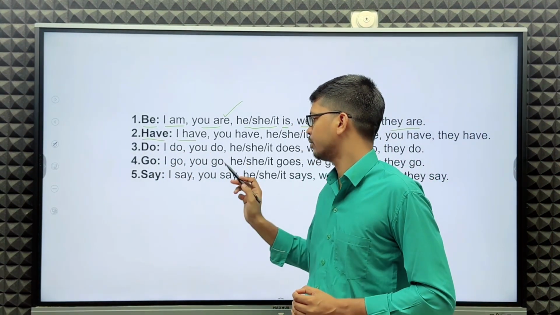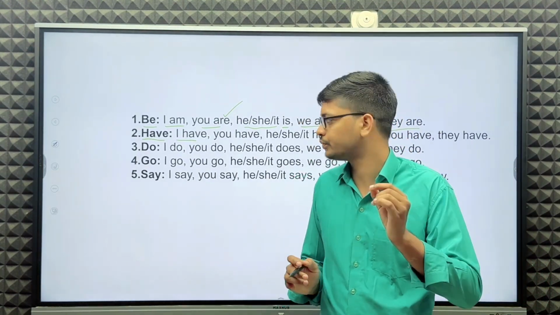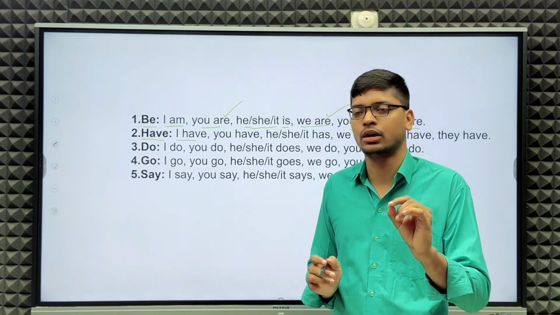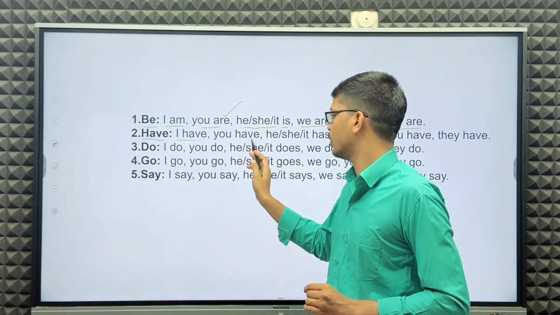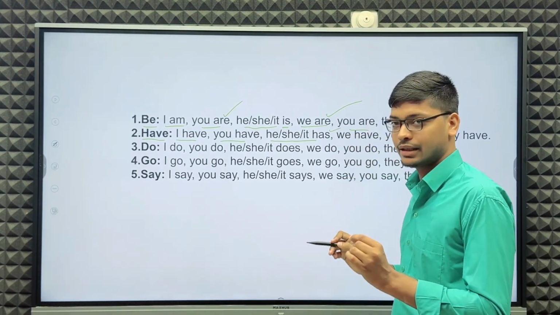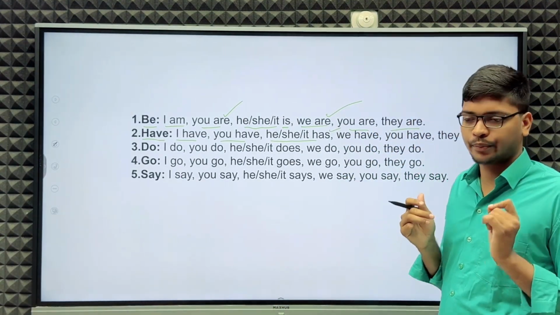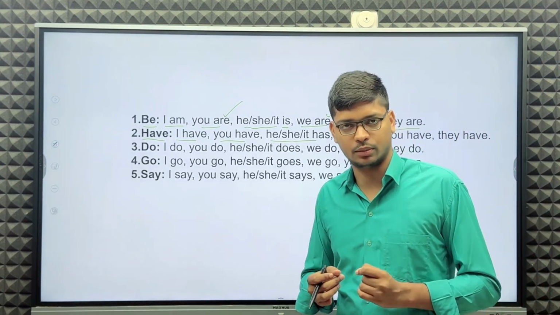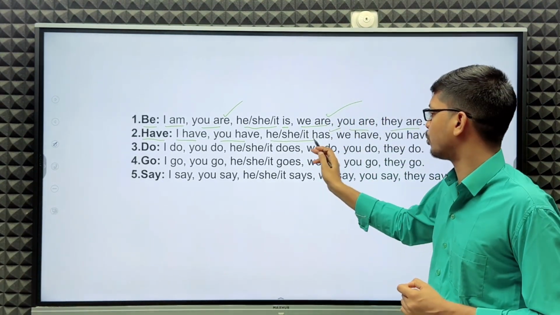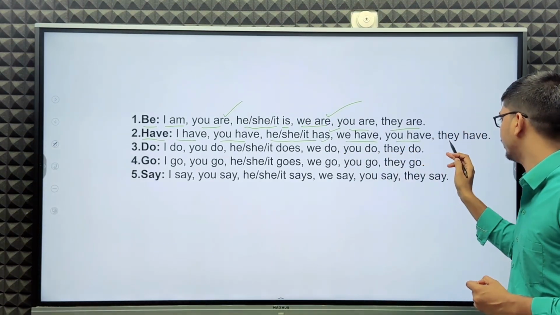Next irregular verb, have. I have. I is a singular pronoun here. So I have, you have, he, she, it has. Has is a singular helping verb, so we have to use it with singular pronouns. We have, you have, they have.